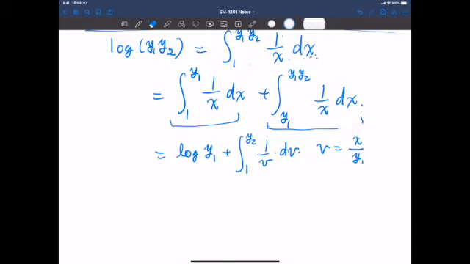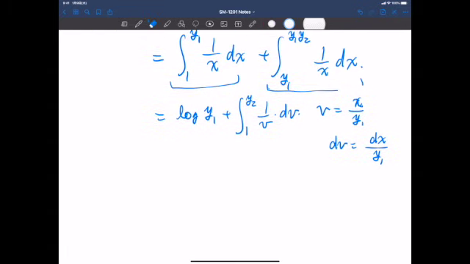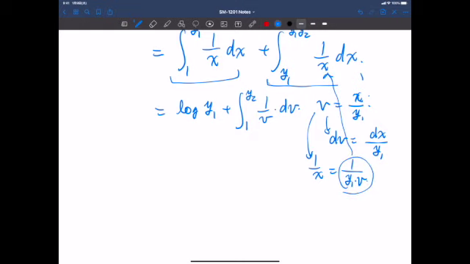To see this, dv is dx over y1, and 1 over x is 1 over y1 times v. So dx is equal to y1 times dv.